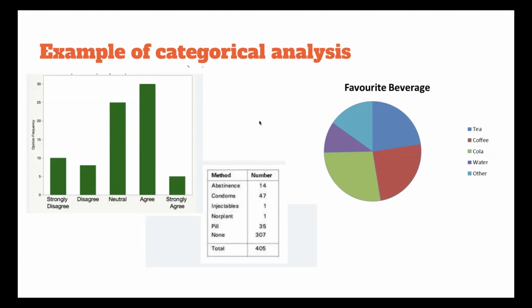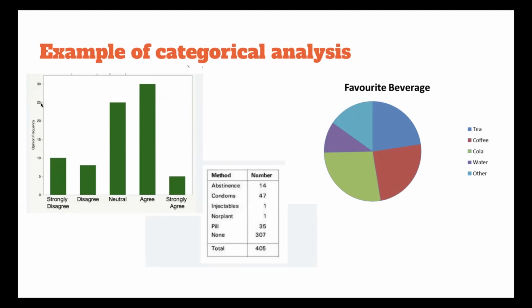Remember, this is a univariate level analysis. This is a categorical variable, so you are running it based on just one variable, not thinking of another variable. This is how people agree with something, and on the y-axis is the count. There are other bar charts where the y-axis is something else.